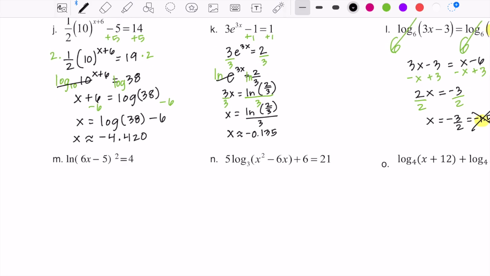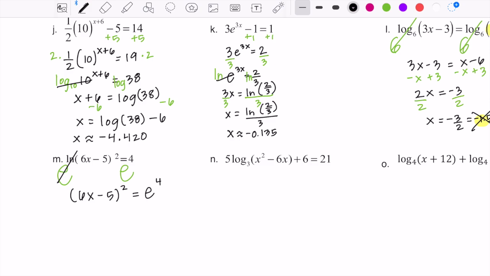All right, M. So you're going to isolate the logarithm first. It's already done because the logarithm's on one side. So the first step is going to be to exponentiate. So those are undone. I get 6x minus 5 squared equals e to the 4th.